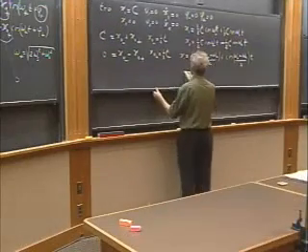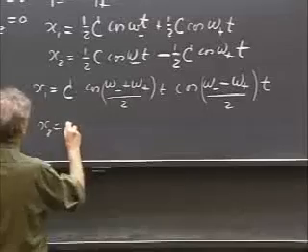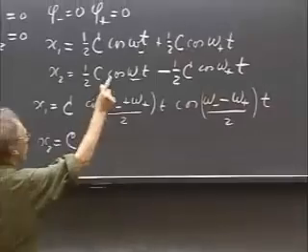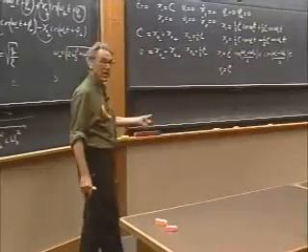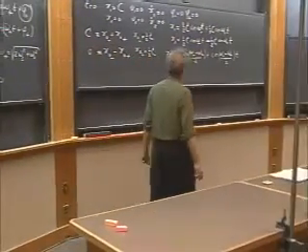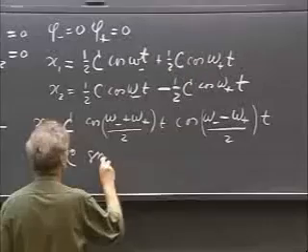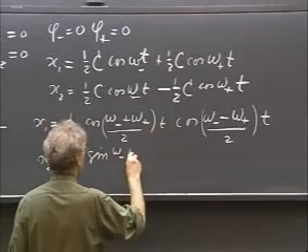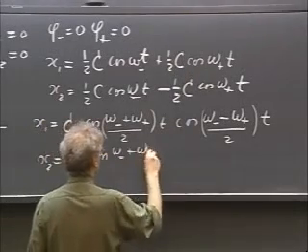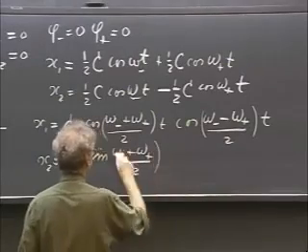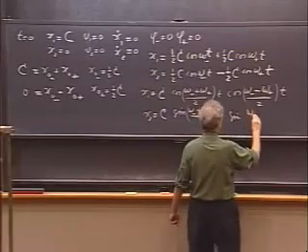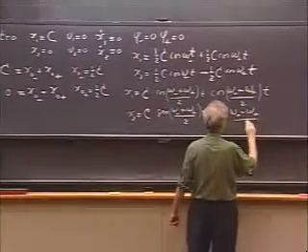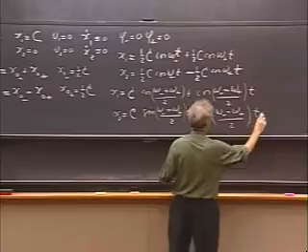And x2 as a function of time. I now have the cosine of alpha minus the cosine of beta. That is twice the sine, half the sum, times the sine of half the difference. So now I get here the sine of omega minus plus omega plus divided by 2 times t times the sine of omega minus minus omega plus divided by 2 times t.